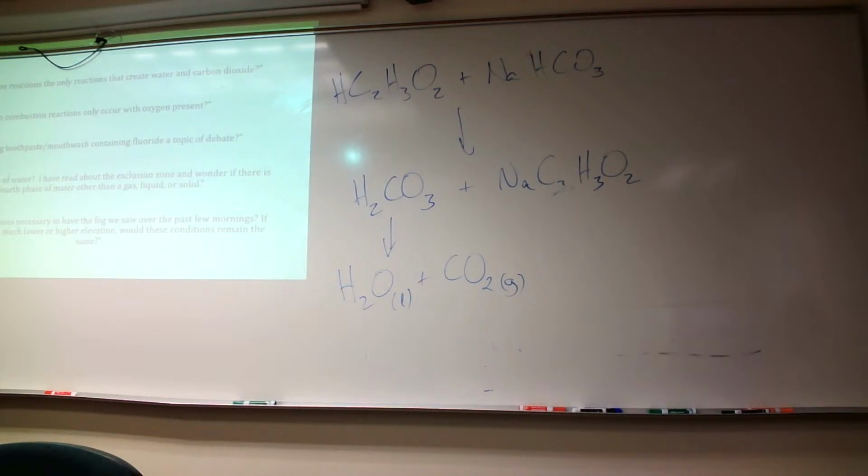Basically, if you look at any substance, it has what's called a pressure temperature curve, where you basically can divide up certain conditions. You can predict whether something is going to be solid, liquid, or gas based on a combination of pressure and temperature. It turns out it's not just temperature.